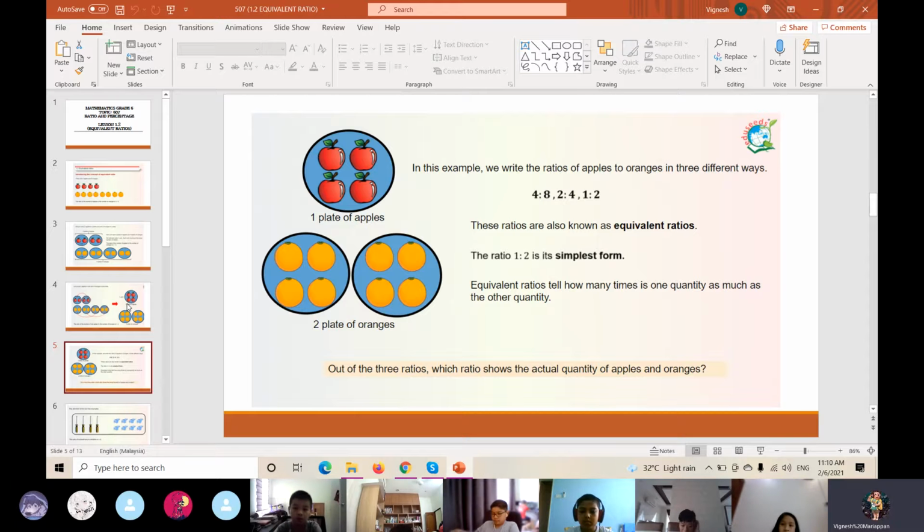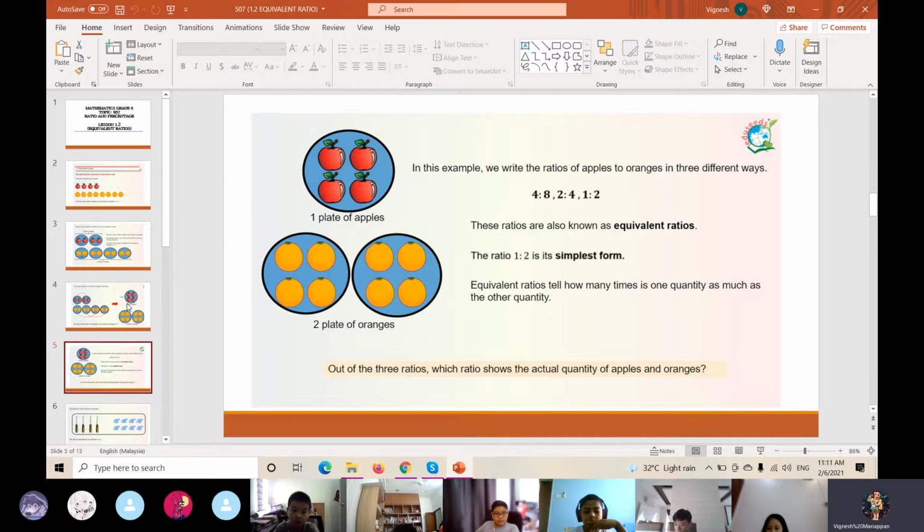Apples to oranges, 4 to 8. If you want to simplify, you can divide with 2 for both of the numbers. 4 can divide with 2, 8 also can divide with 2. You will get 2 to 4. Also you can simplify, correct? So you can write the ratios apples to oranges in 3 different ways. Understand or not?